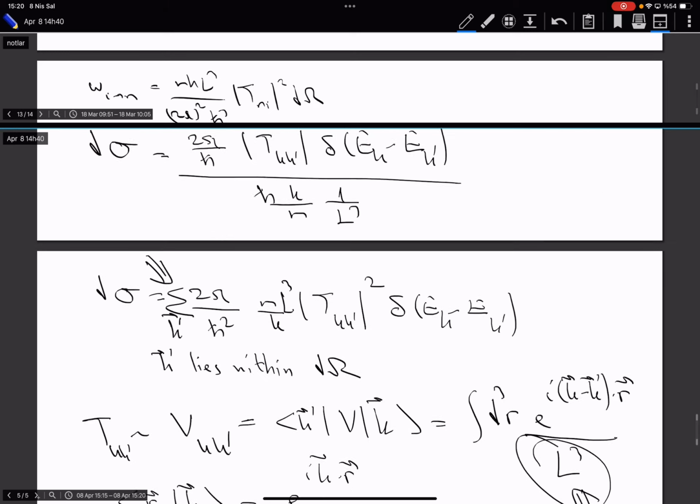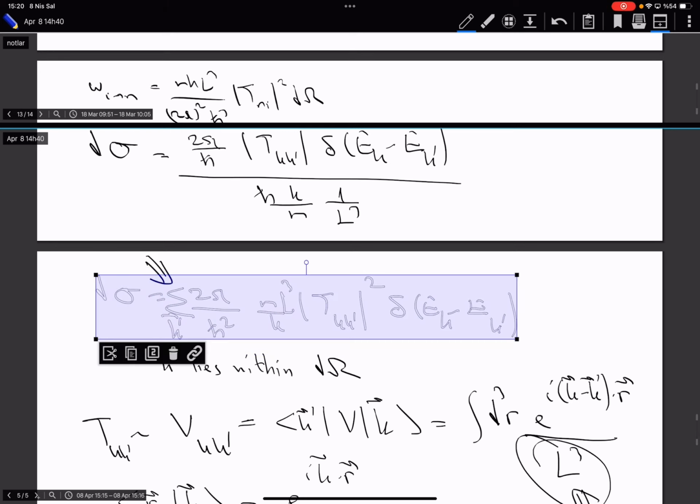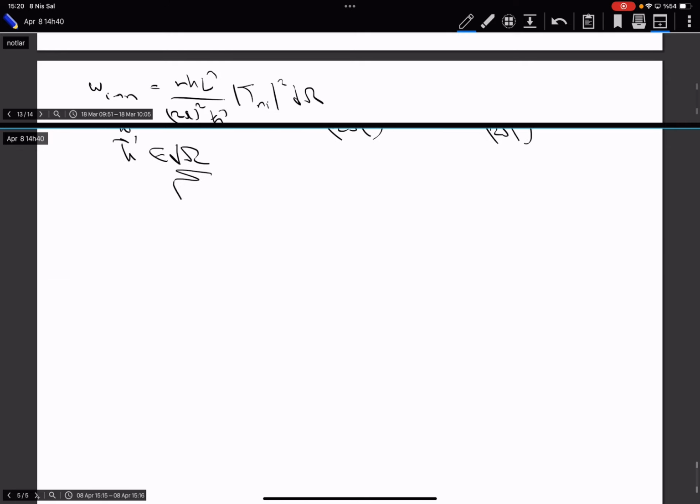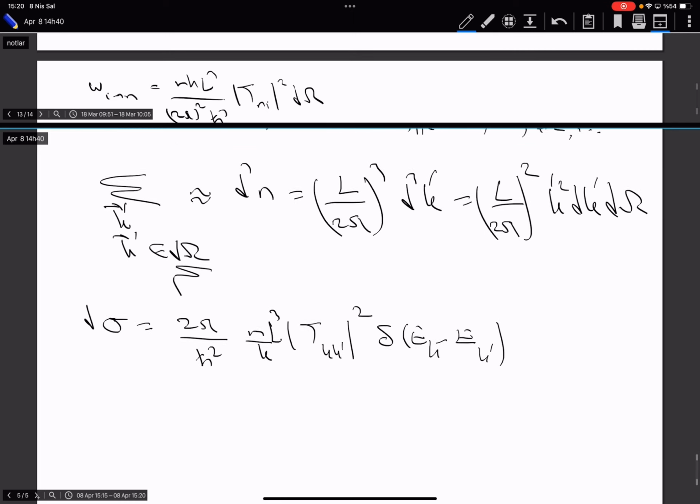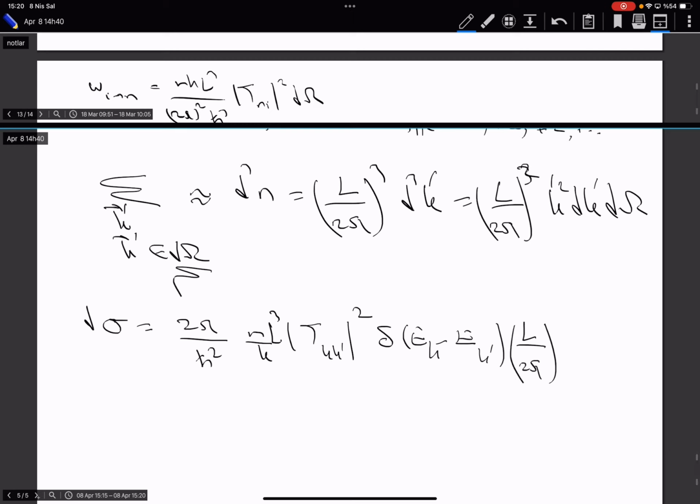Now let's go back to our expression. This is (L over 2 pi) cubed k prime squared dk prime d omega. Remember, k and k prime are also equal to each other, because of this Dirac delta, k should be equal to k prime.